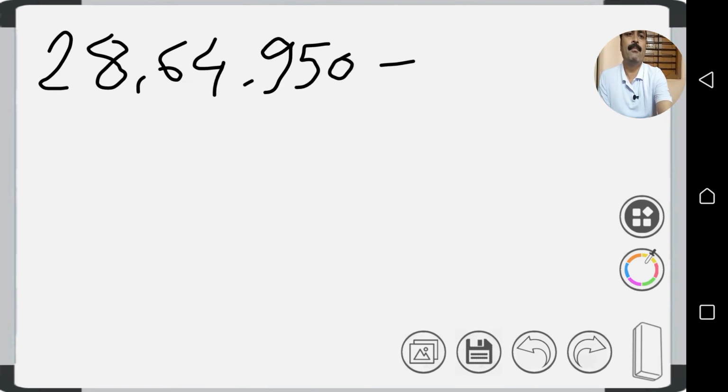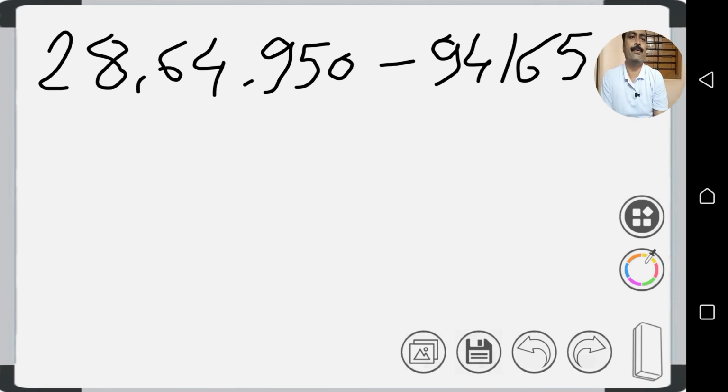28,64,950 minus 94,165. Now this example that here I want to explain here. Now this example here I am taking because first number that here I am taking of 7 digit, and second number, sorry, first number is of 7 digit and second number is of 5 digit only.